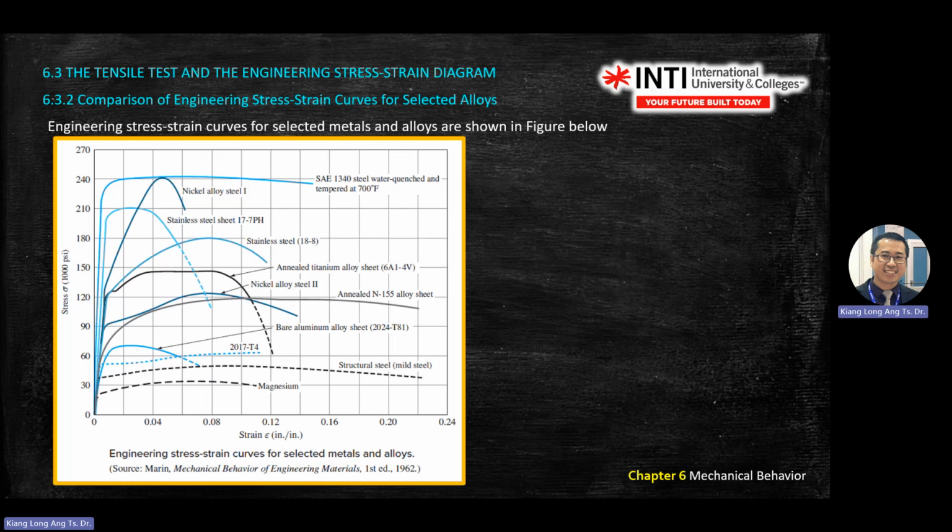By using these two words, brittle and ductile, elaborate the answer. What can you tell me about nickel alloy compared to other materials by using this graph?